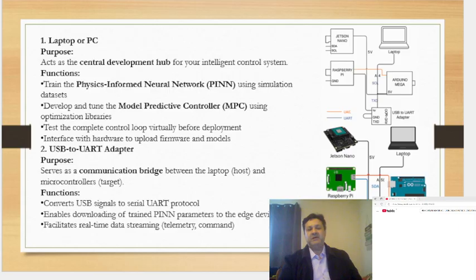So the input, laptop via USB, receives sensor AI predictions from Arduino. So what this Arduino will do is give the predictions, right? So who will get these inputs? The USB to UART adapter, which is here.